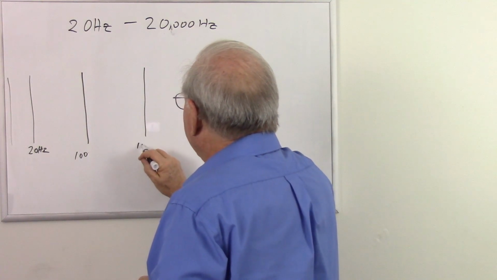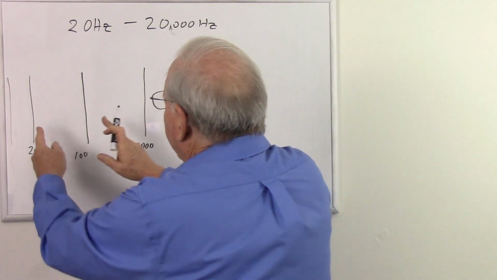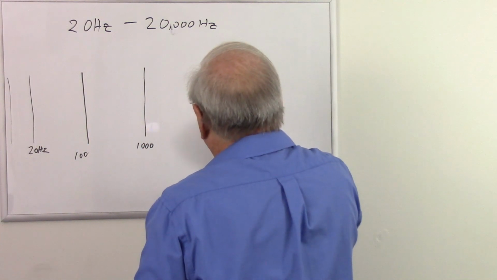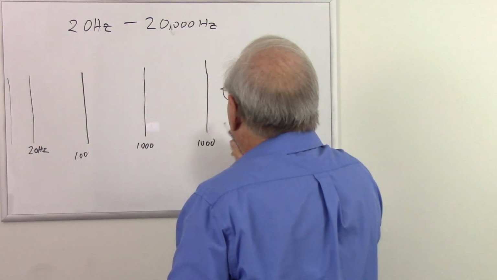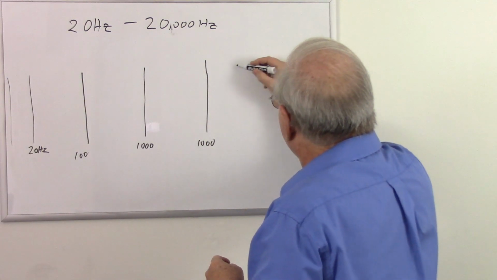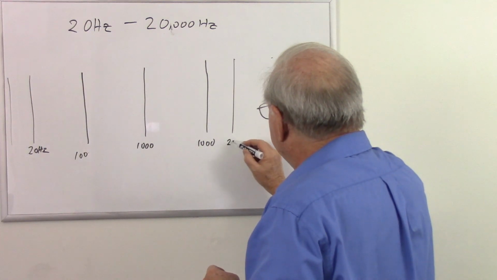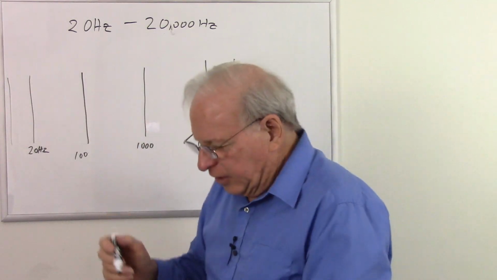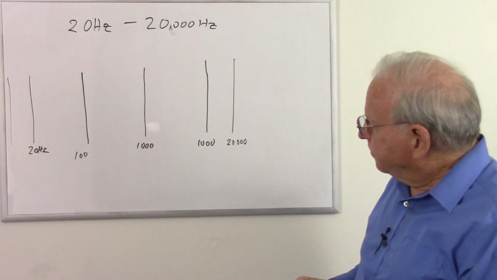There we go. 1,000 hertz right about here. Then I need to make that about the same distance for 10,000. And then 100,000 is going to be around here. That's going to put 20,000 right about there. So there's our whole scale stretched out.